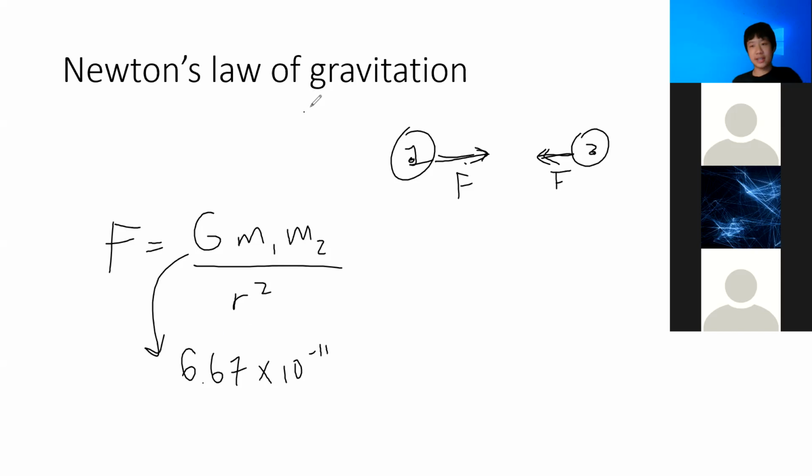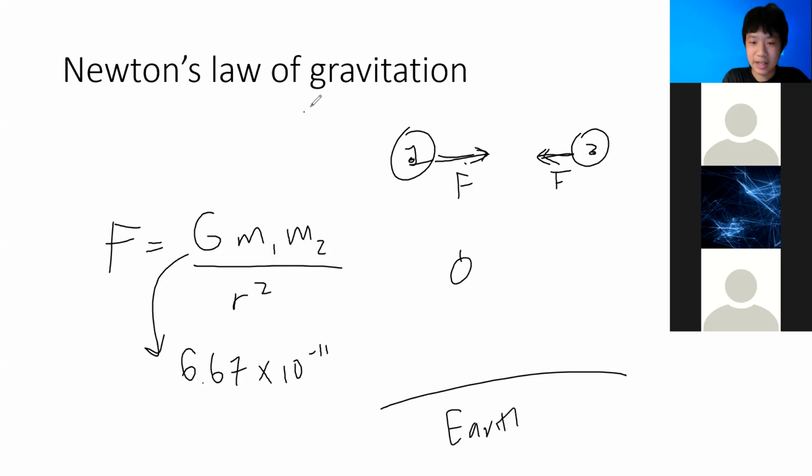So you may be asking, if an apple, like in Newton's famous experiment, is falling towards the Earth, then the same force is being applied to both of these objects. Then why does the apple fall, but the Earth doesn't go up towards the apple? Well, even though the force is the same between these two objects, the Earth accelerates a lot less because its mass is so large.